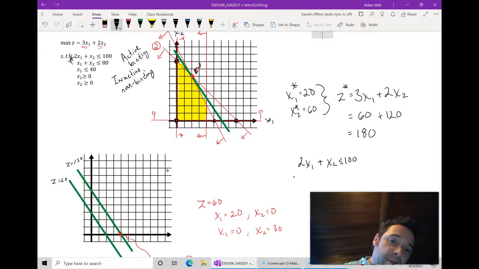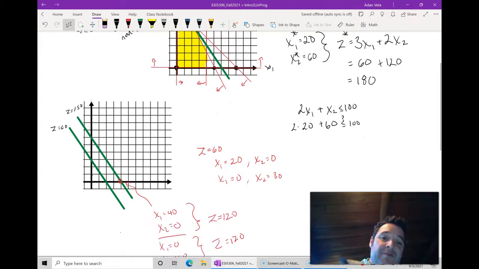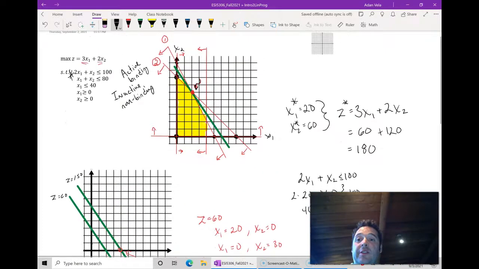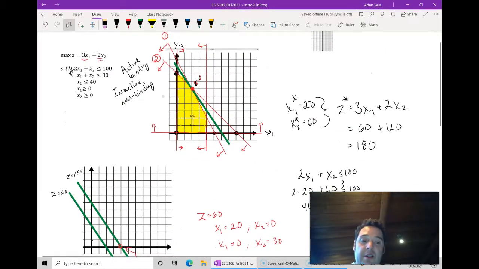If we start plugging things in, we get 40 plus 60, and sure enough, we end up with 100 equals 100. So this tells us that constraint 1 is in fact active.